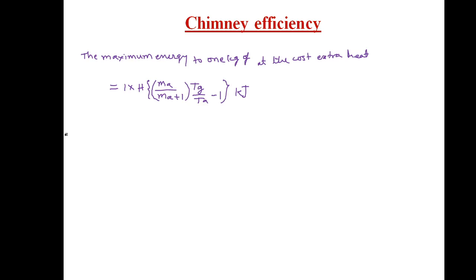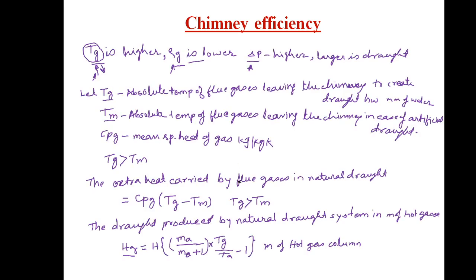So chimney efficiency Ch is equal to H. So this we call equation number 2, and equation number 1 which we have already written here. So this we call equation number 1.